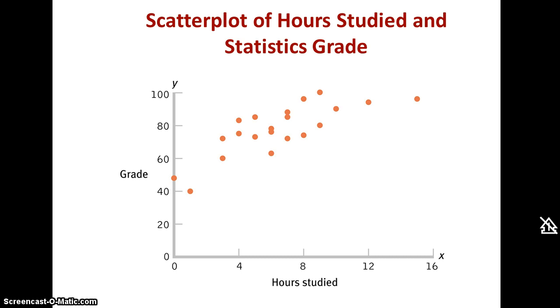So here's an example of a scatter plot that shows the number of hours studied on the x-axis and the grade that an individual got on an exam on the y-axis. And you can see that, generally speaking, it seems that the more people studied, the better they did on the exam. And you probably could fit a line to this data somewhere in the middle here that shows a linear trend.